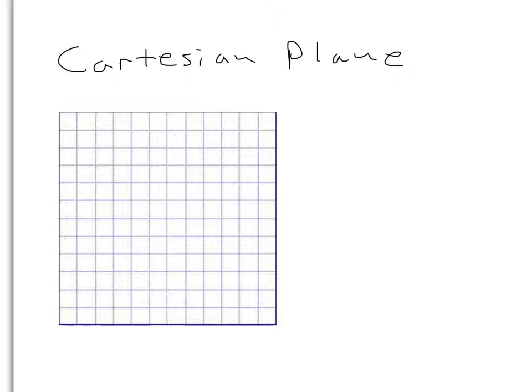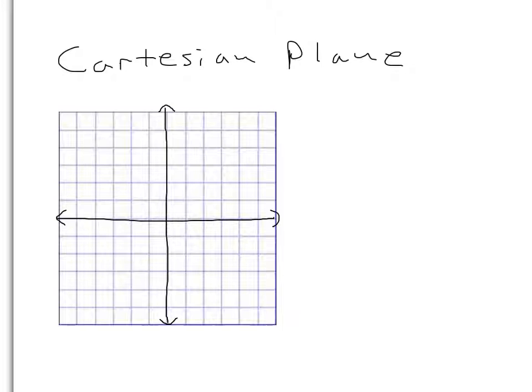So here's a grid that's often used to make graphs. The grid is called a Cartesian plane. And on the grid, you usually find a set of axes. So there's one, there's the other. Usually you put arrows on the end to show that they go forever in all directions.